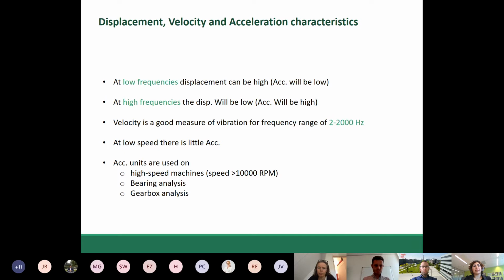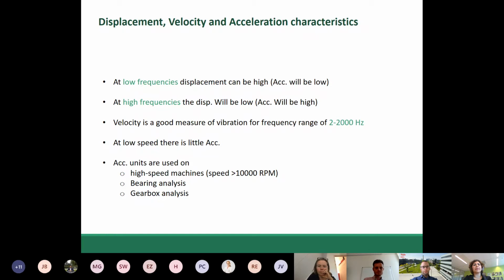There might be a question: when should we measure displacement, when velocity, or when acceleration? Before saying that, I should also say that it is possible with some mathematical formulation to convert one unit to the other. If we are interested to look at low frequencies, it's better to install a displacement sensor.